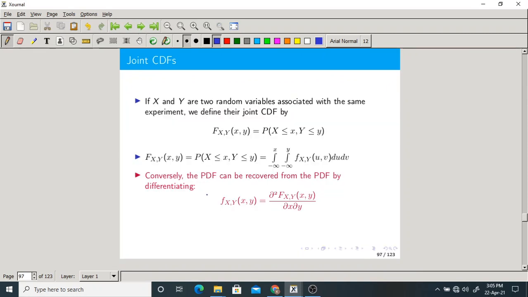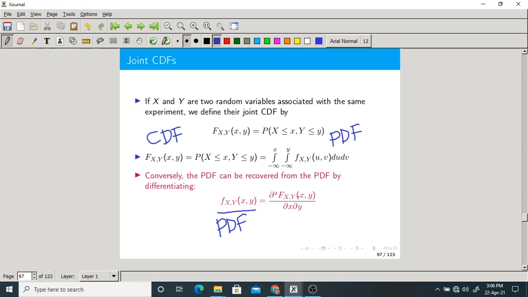This is another way of writing it. The CDF is nothing but the integration of the PDF; it can be joint or a single random variable, the idea is the same. Now we are asking for the PDF from the CDF. What do you do?